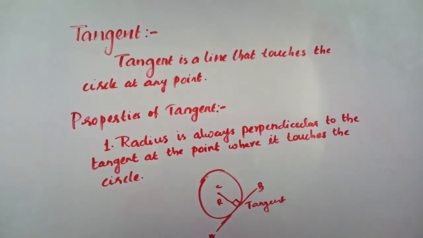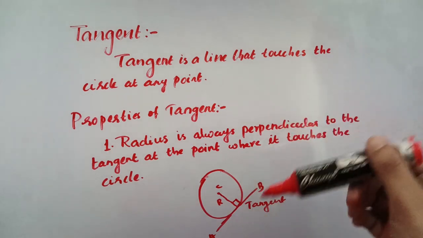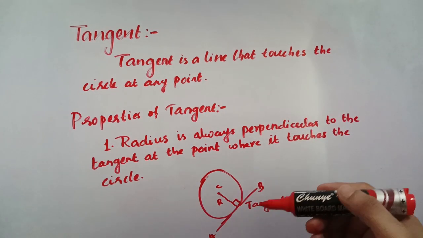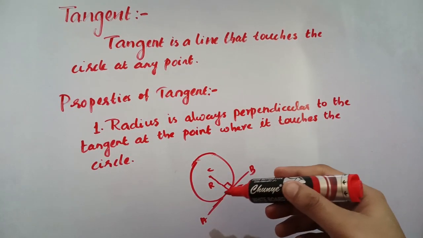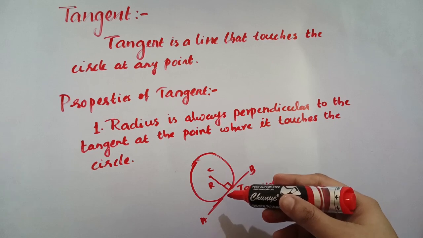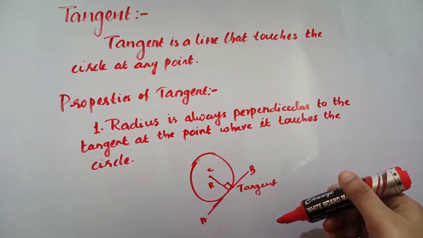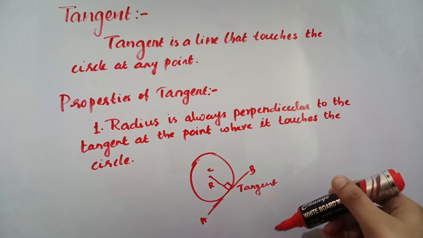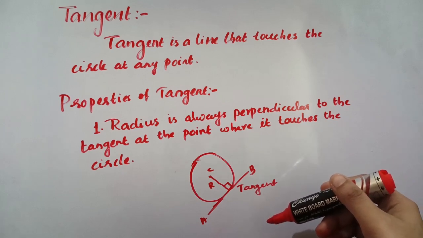Next we can look what tangent. Tangent is a line that touches the circle at any point. In this figure, AB is the tangent. It touches the circle here. Then properties of tangent. A radius is always perpendicular to the tangent at the point where it touches the circle.